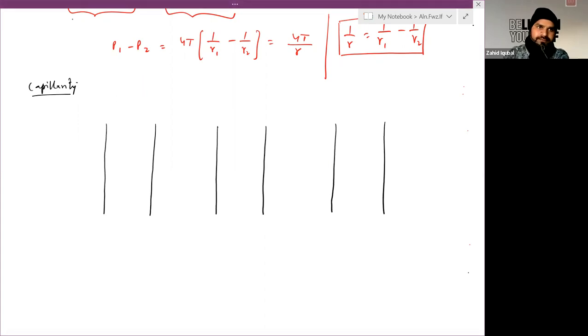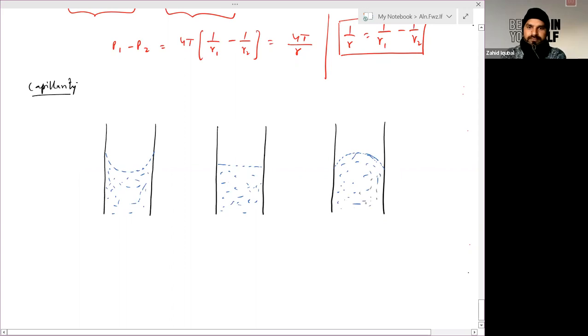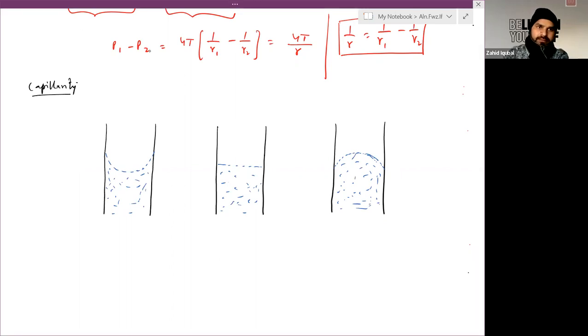In first part, it may acquire this shape. In second part, it may acquire this. And third part, it may acquire this. So let me define you its mechanism.